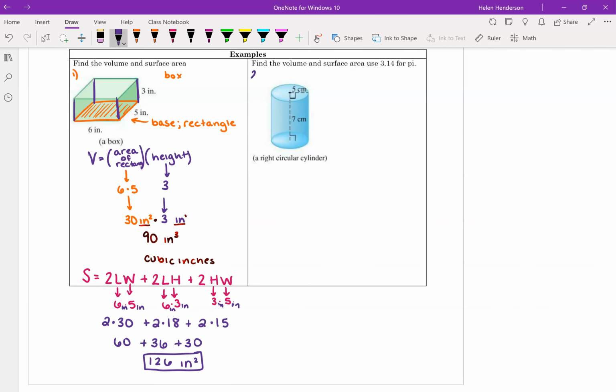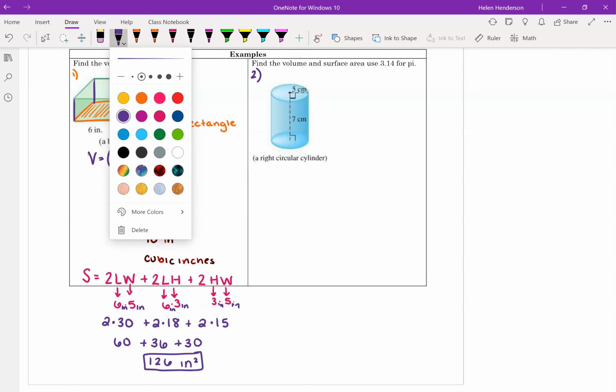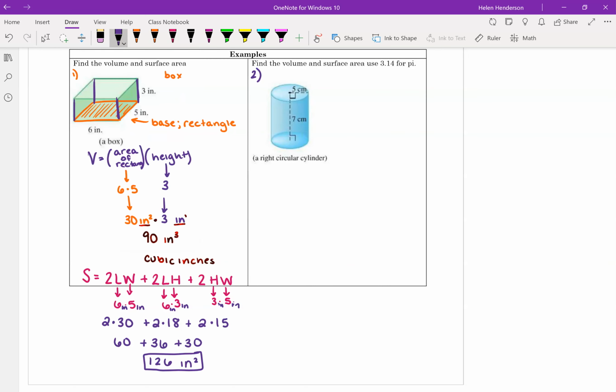Okay, let's try again. So in this picture, we've got a right cylinder. So the base is a circle, and volume will be area of the base, or area of the circle, times the height.